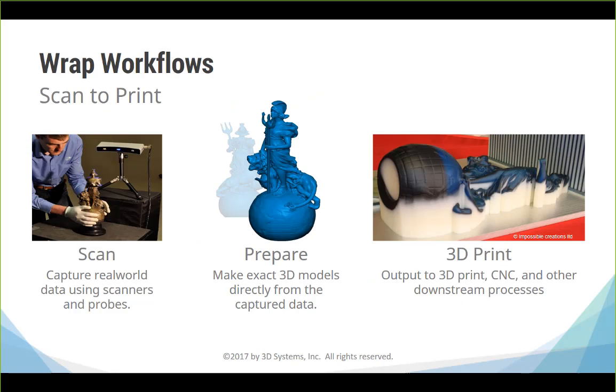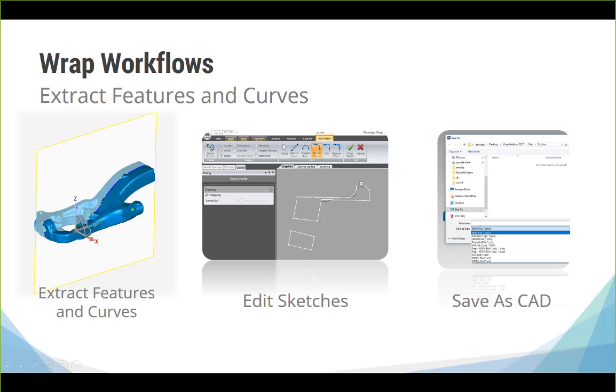Just to give a little more depth on those three different workflows, this is just a few images to describe different options for capturing information, preparing that information, and then in this instance, printing it on the right-hand side on one of our projects.